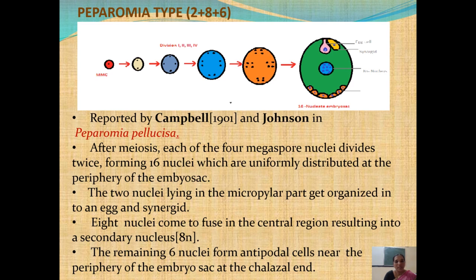The remaining 6 nuclei form antipodal cells at the periphery of the embryo sac at the chalazal end. This is the development of Peperomia type of embryo sac formation.